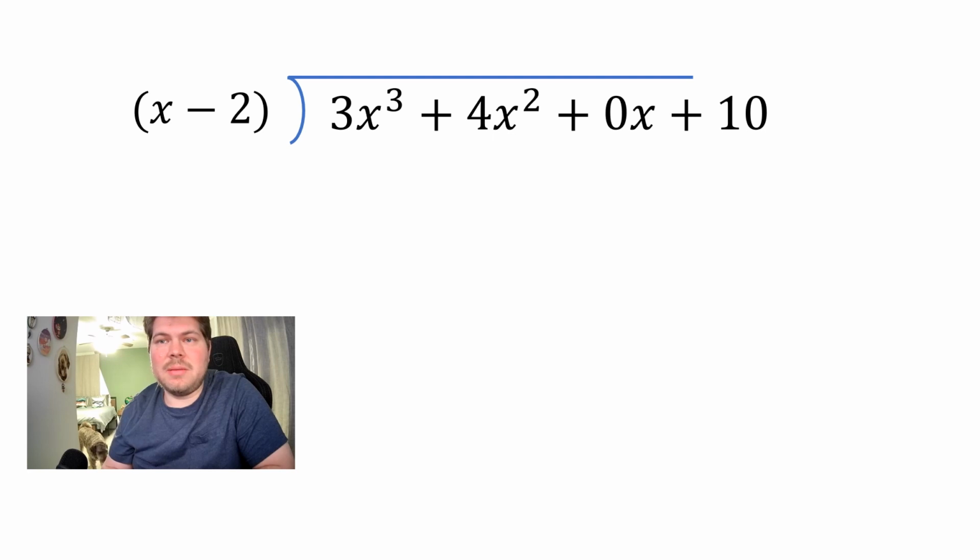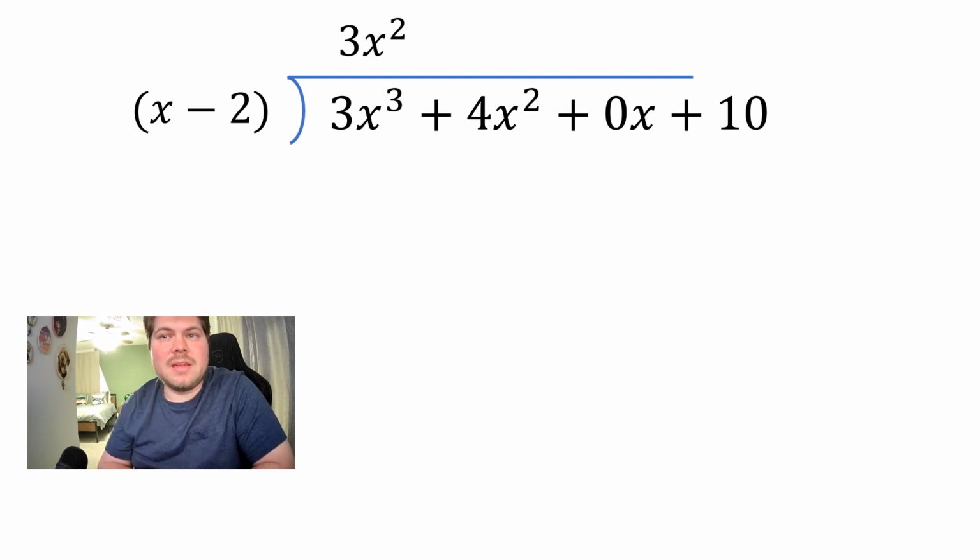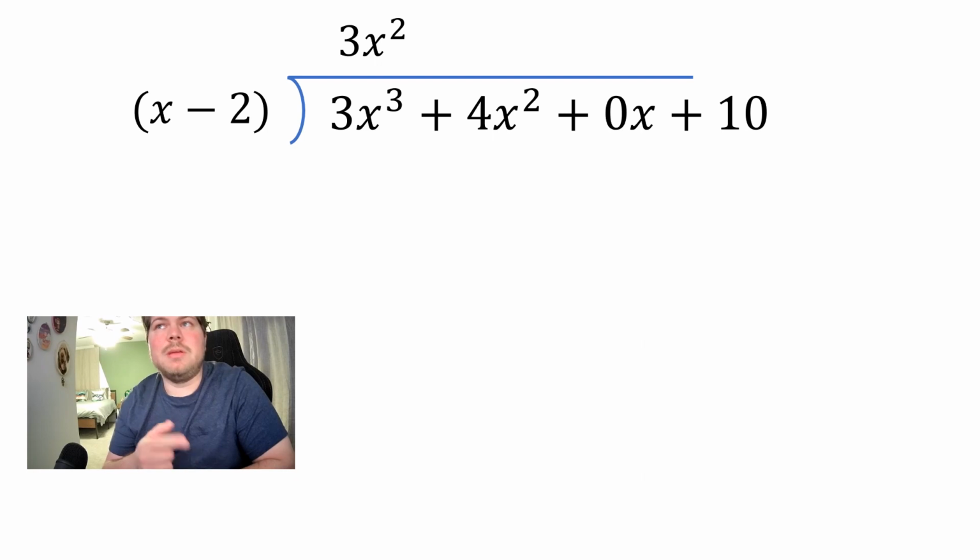I'm just worried about the first term of both. And x goes into 3x to the third 3x squared amount of times. Remember last time, that's because 3x squared times x would be 3x cubed. So that's how many times it would go into it.